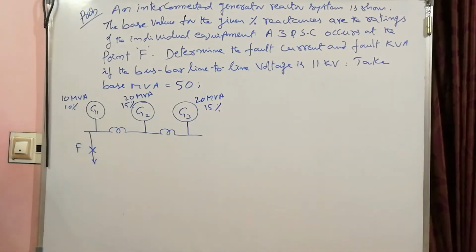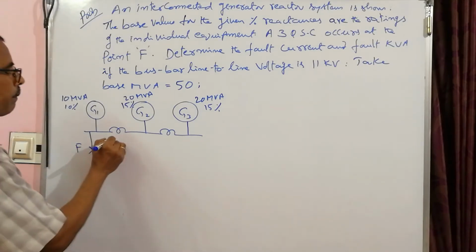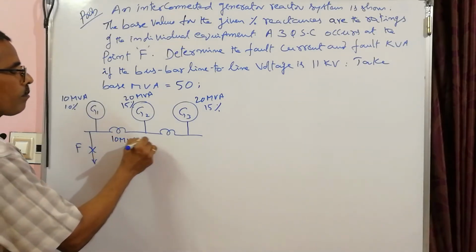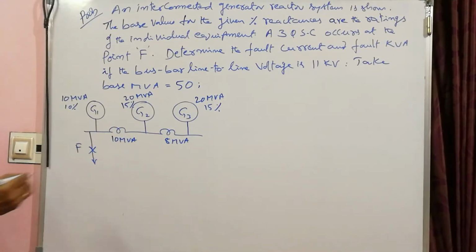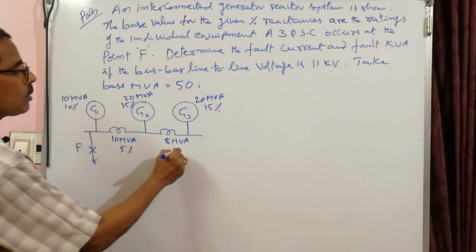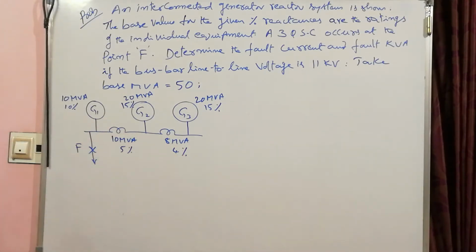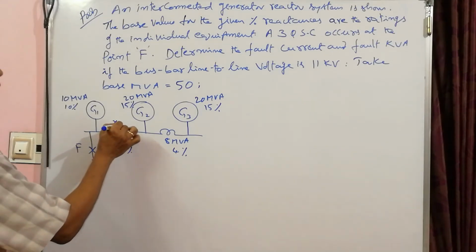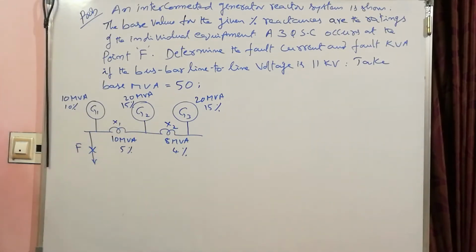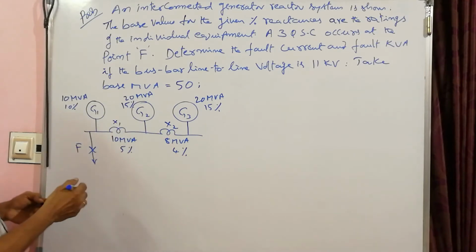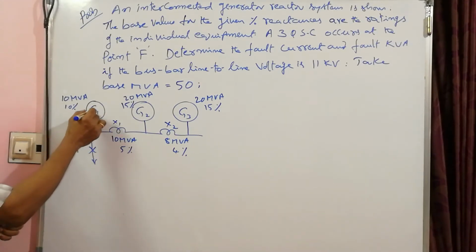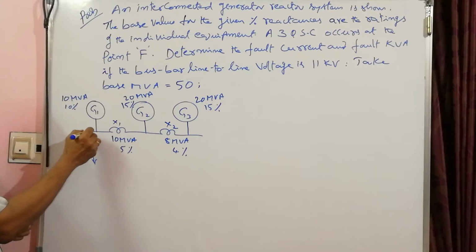The reactors which are interlinking G1, G2, G3 are 10 MVA and 8 MVA, and the reactances are 5% and 4%. So, let us call these X1, X2. So, this is what is given. The system contains 3 alternators and 2 reactors. The fault is at this point, that means straight on the generator 1 bus bar.